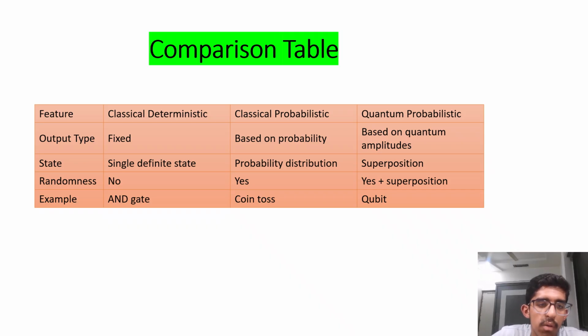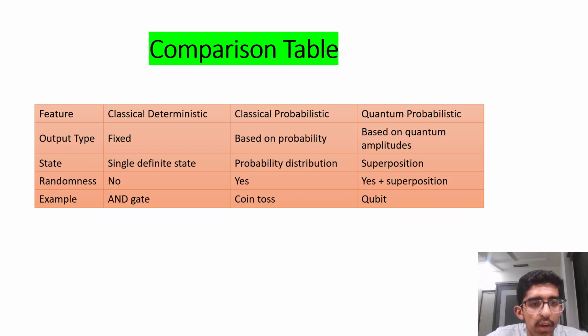For output type, classical deterministic is fixed because there is 100% certainty, and in classical probabilistic, it is based on probability. And in quantum probabilistic, it is based on quantum amplitudes, like the example CNOT and CCNOT. In CNOT, the control qubit should be 1 so that the target qubit can be flipped.